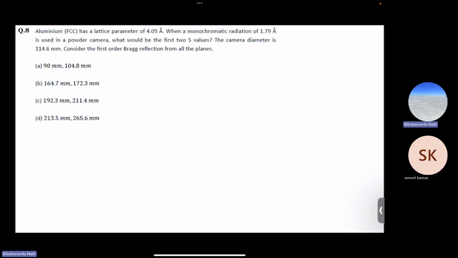So the aluminum which has an FCC structure has a lattice parameter of 4.05 Armstrong. When a monochromatic radiation of 1.79 Armstrong is used in a powder camera, what would be the first two S values? The camera diameter is 114.6 mm.